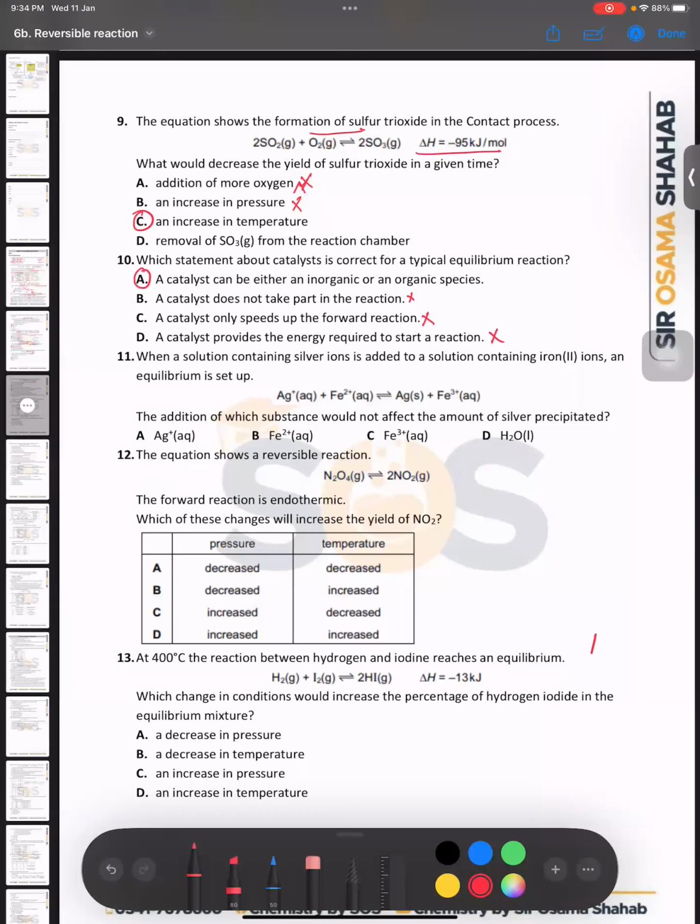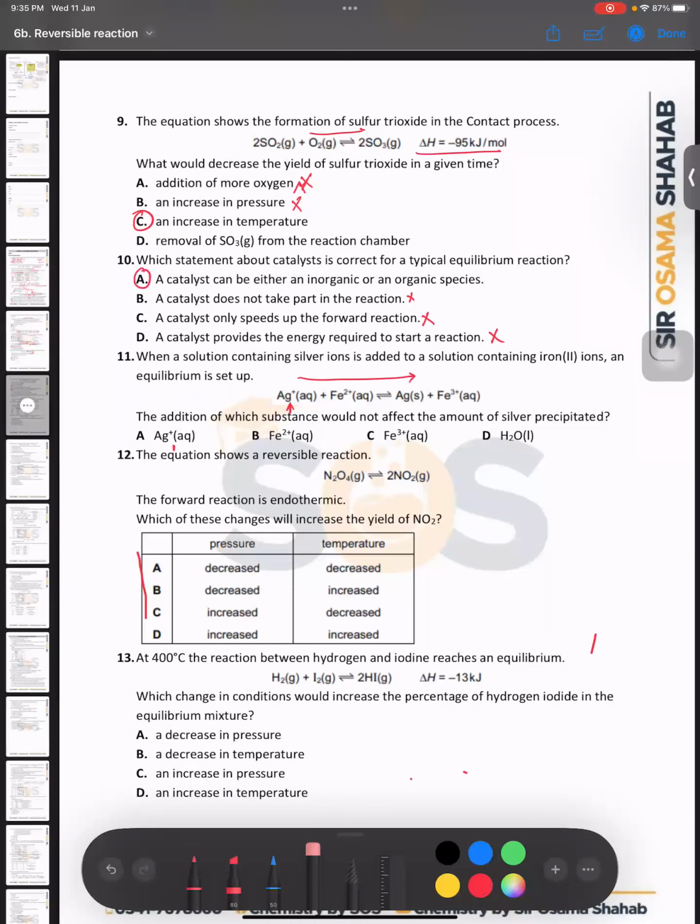Then MCQ number 11 is saying that when a solution containing silver ions is added to a solution containing iron 2 ions, an equilibrium is set up, right? And then the addition of which substance would not affect the amount of silver precipitate? Just look over there. If you increase silver, definitely it will shift the equilibrium towards the right hand side.